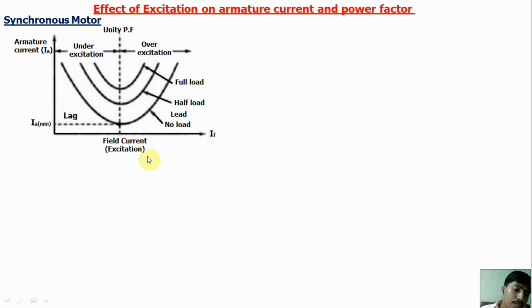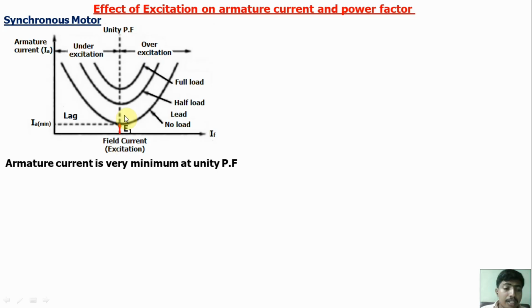By the curve, the armature current is very minimum at unity power factor. When the excitation increases from E1 to E2, the armature current increases, leading.